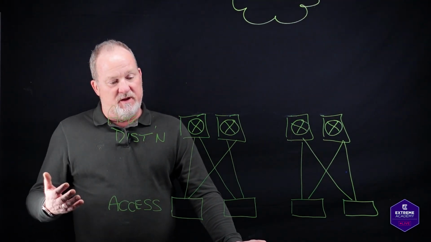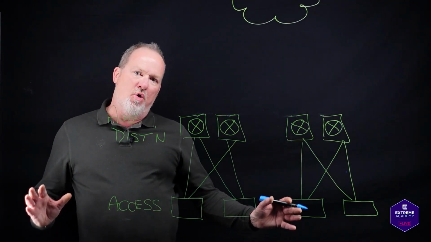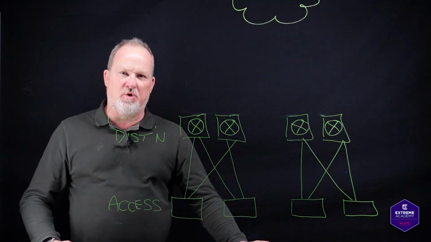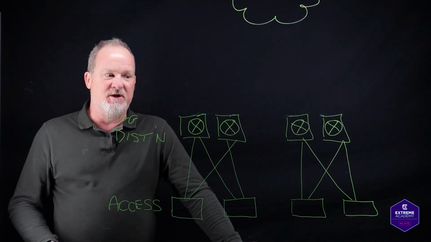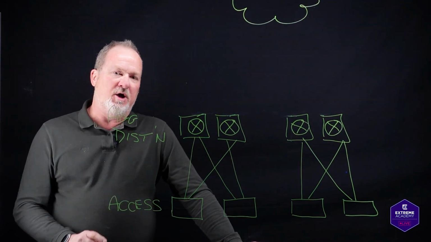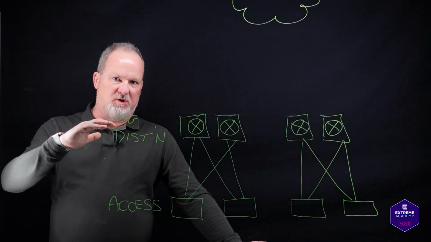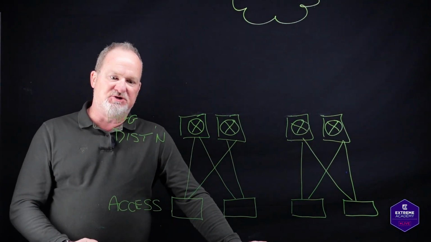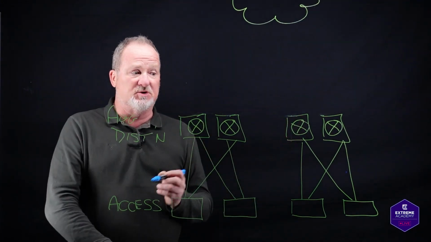You know, in the 3-tier, we could have gone to many hundreds of building blocks, all connected to a common core of high performance and very expensive switching technology. What we're doing here, we haven't actually got rid of the core, but we've collapsed the core functionality into the aggregation or distribution layer. And the way we do this is quite simple.